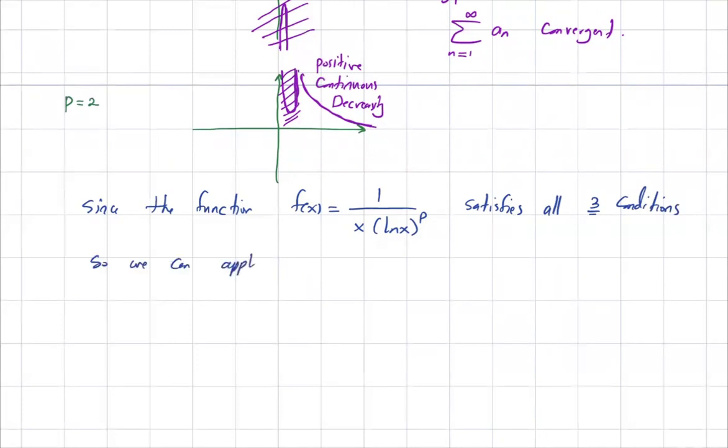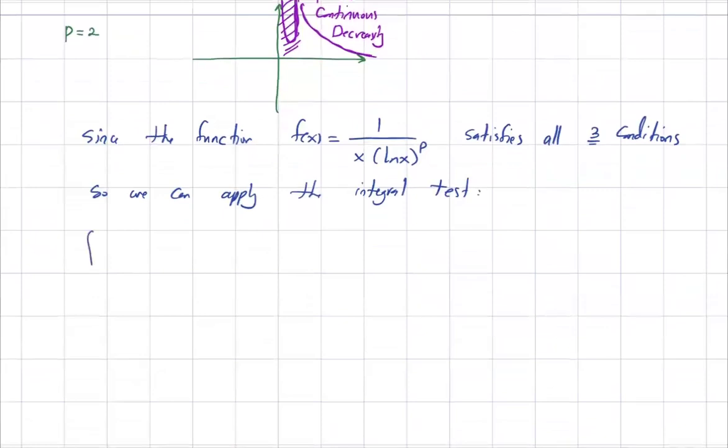We need to take the integral of this function, dx divided by x ln of x to the power p, and the boundaries that you're taking the integral over are 2 to infinity.